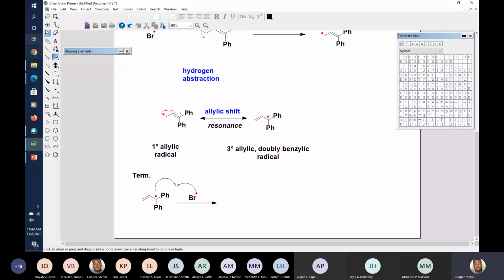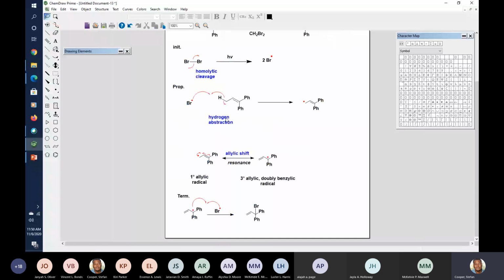These two things are going to meet, and they're going to form what? They're going to form my final product. So now I have a what type of bond present? A BR bond. Okay. So I'm hoping that everyone is starting to get comfortable here to do this reaction, to do the mechanism here.